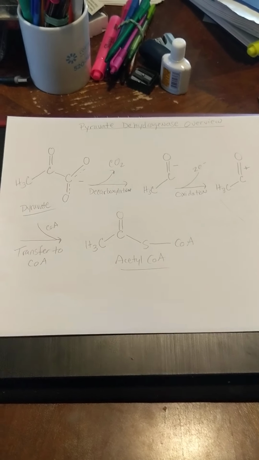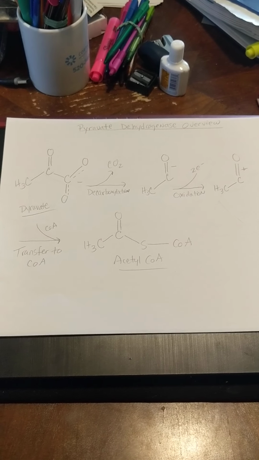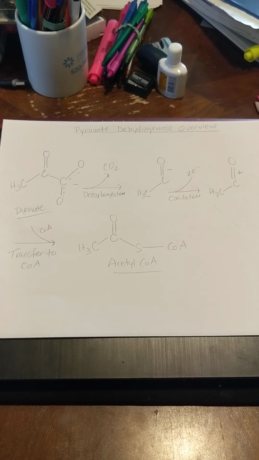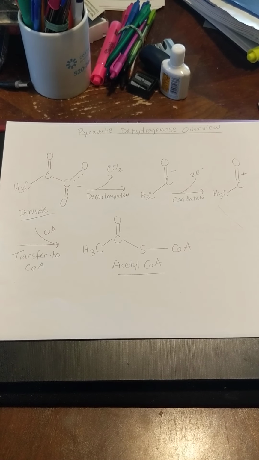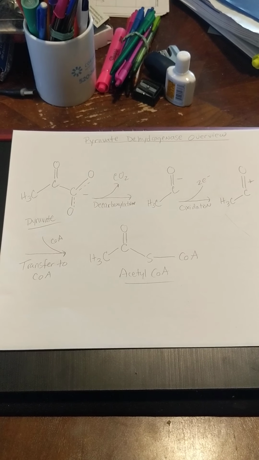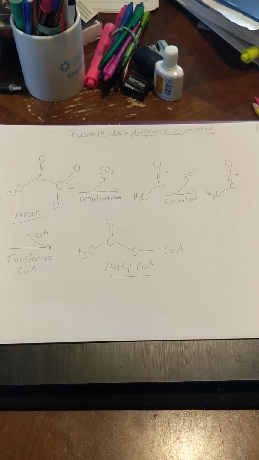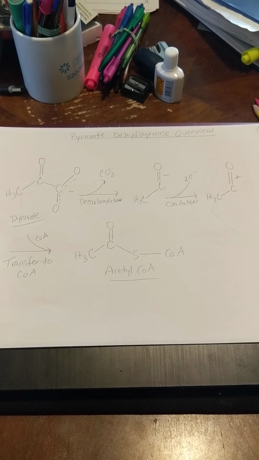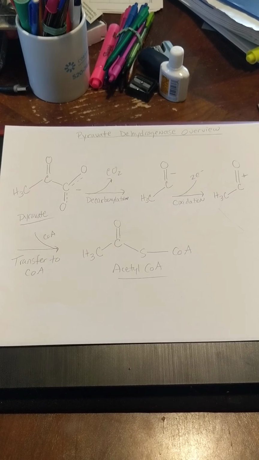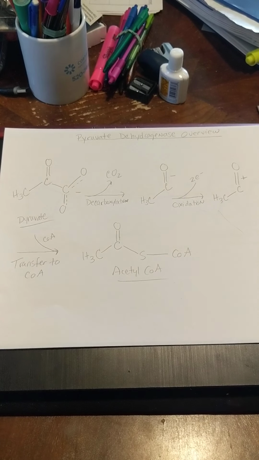And the 5 coenzymes include thiamine pyrophosphate, TPP, lipoic acid, and flavin adenine dinucleotide, FAD, which serve as catalytic coenzymes. CoA and nicotinamide adenine dinucleotide, NAD, are stoichiometric coenzymes.